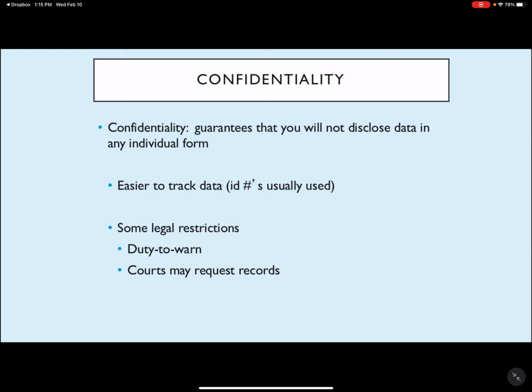If a professional believes that a person, a client or participant, is going to harm self or other, they have to report it to the police or to the appropriate legal body. And usually what the professional does is they take all of the facts surrounding the situation and they make an assessment, and they of course document it thoroughly.